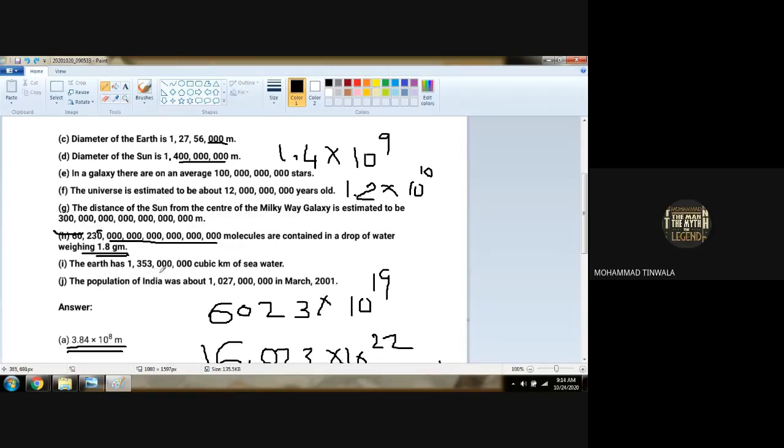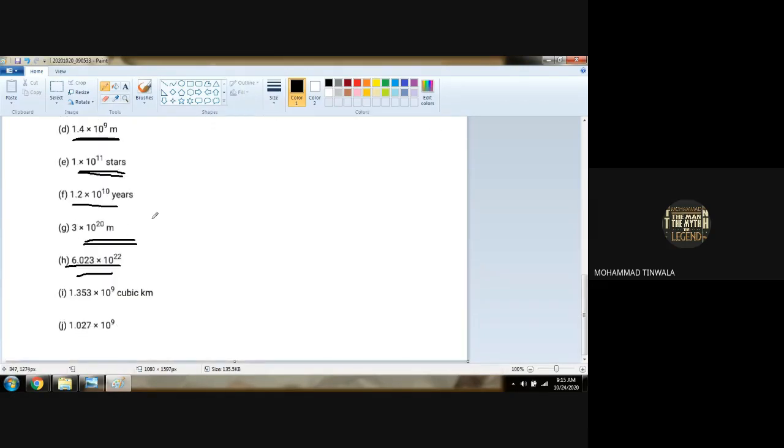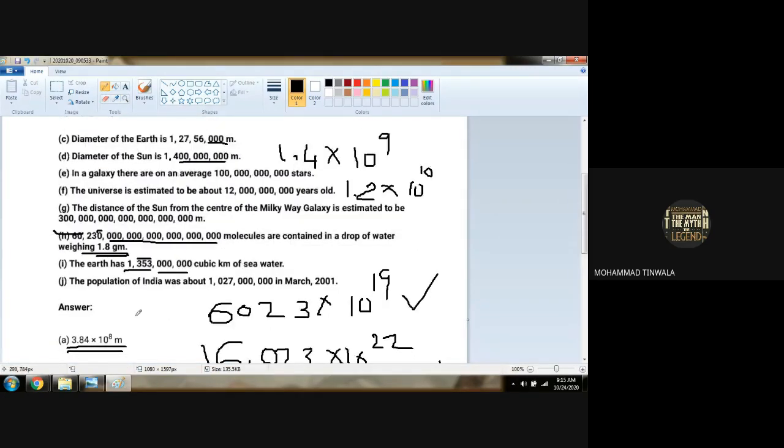First, there are 6 zeros. We go step by step. Then convert that into decimal 1.353. So the other 3 digits have zeros. So 10 raised to the power 9. Let us check: 1.353 into 10 raised to the power 9 cubic kilometer. Got it?